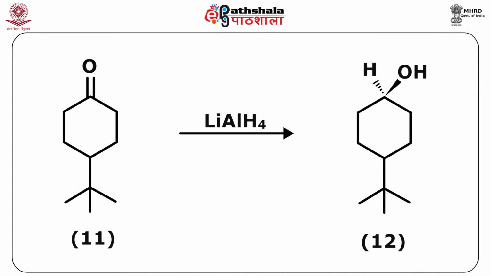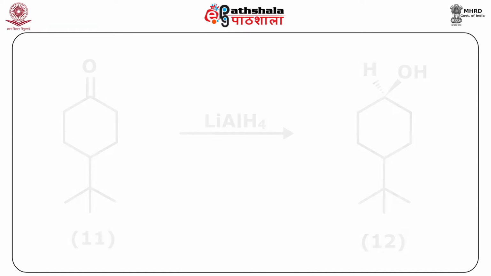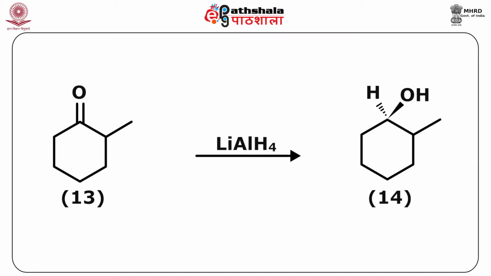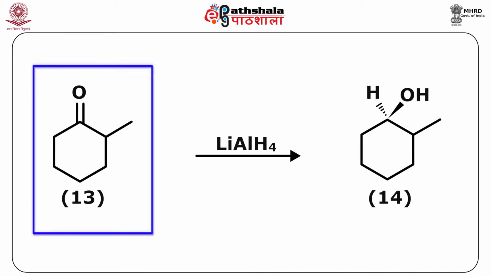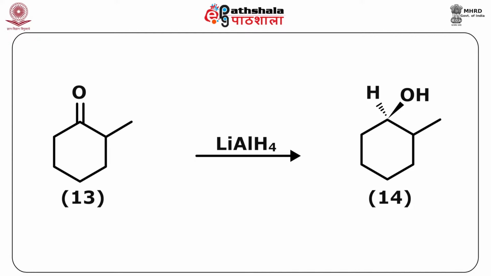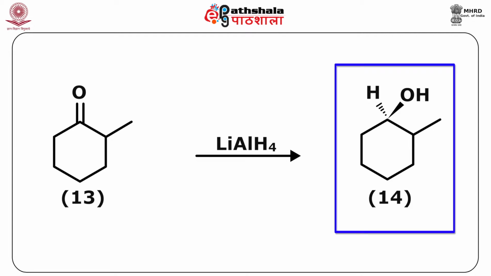According to the above definition, this is not an asymmetric synthesis, but the analogous reduction of 2-methylcyclohexanone, as depicted by figure 13, is, since an additional chiral center is being created in the process, and gives cis and trans 2-methylcyclohexanol.